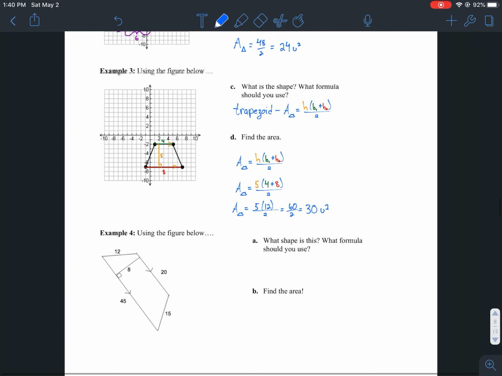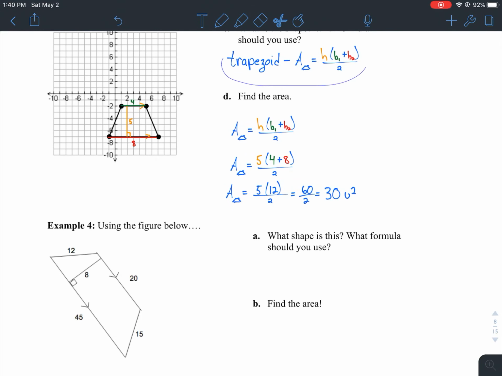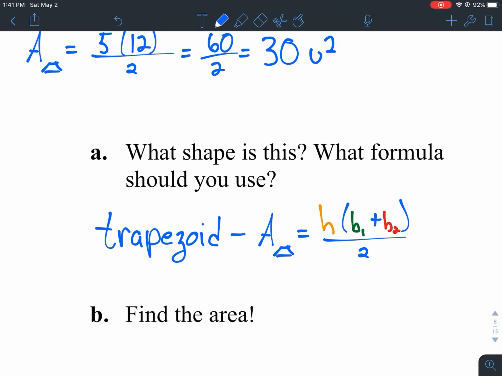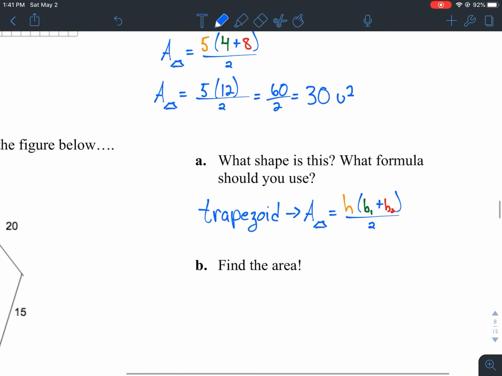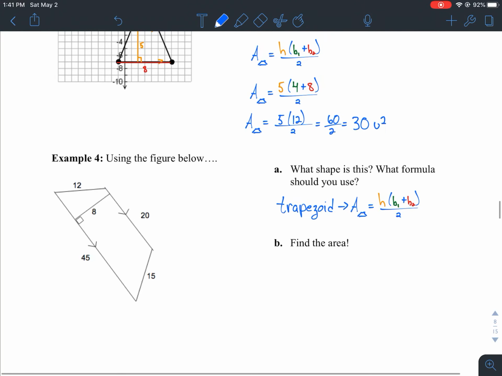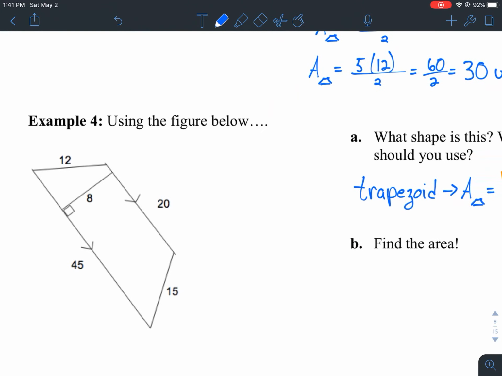Again, for example 4, sticking with trapezoids, so that's what this shape is, and the area formula is the height times base 1 plus base 2 divided by 2. So again, similar to the previous problem, we have to identify all the pieces.